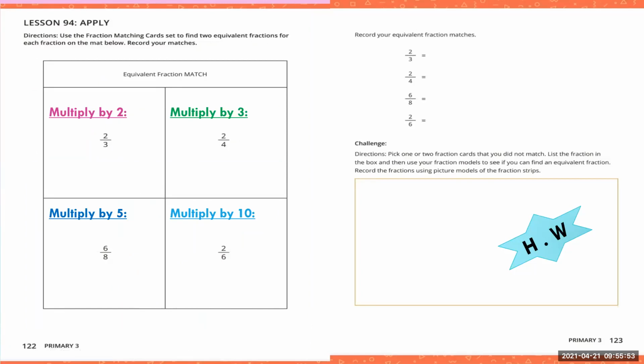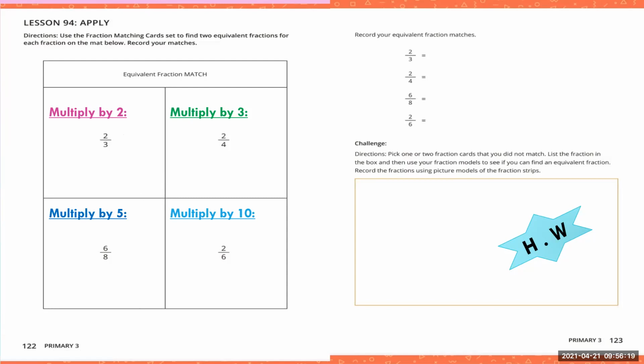Okay, we will discuss equivalent fractions. I have here 4 fractions and I want you to find the equivalent fractions. I gave you my conditions. Here, 2/3, I want to multiply by 2 to find the equivalent fraction.